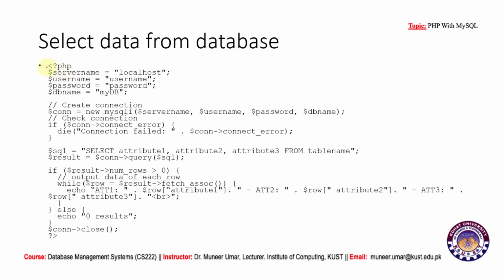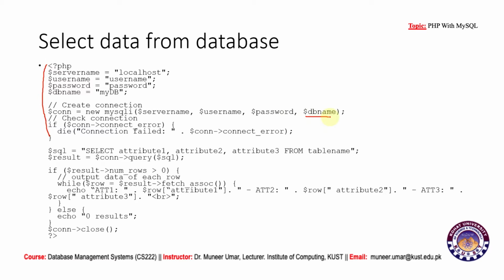First we need to connect to the database, so we will use the code for connection as we have started in the previous slide. One thing is additional here in this MySQL: I'm giving one additional parameter, that is the database name.